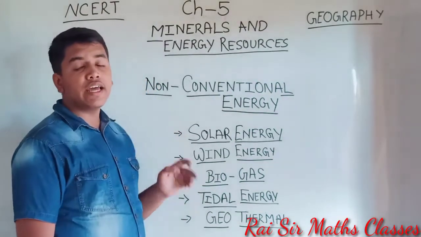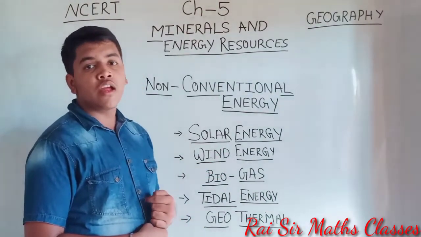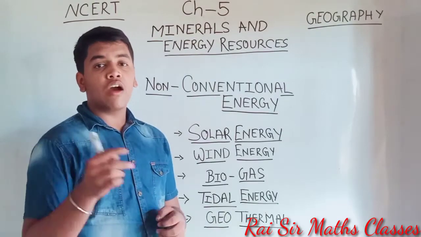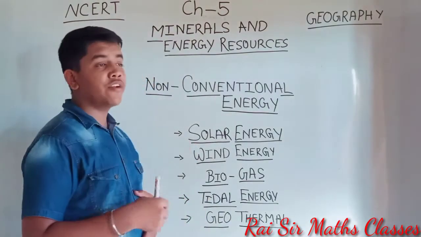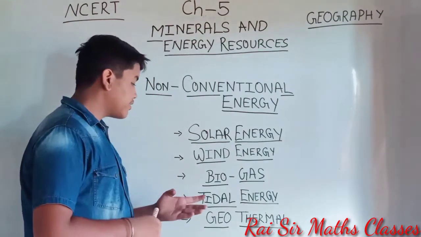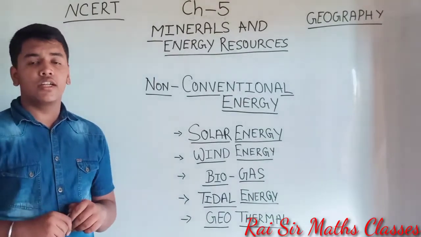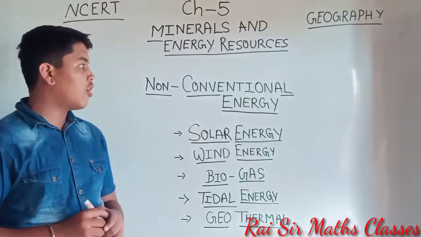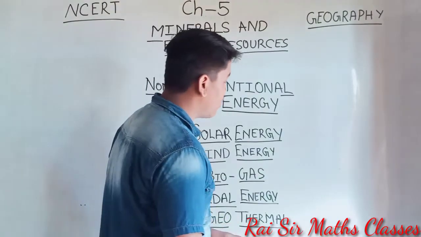Now we are using it as an energy source. The faster the wind flows, the more the electricity energy level will increase. Biogas I have told you. Now the turn is of tidal energy. Tidal energy is the conversion of tides into electricity. How is it used?